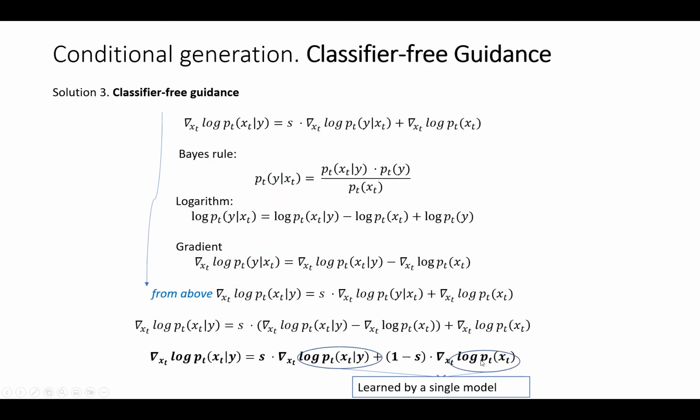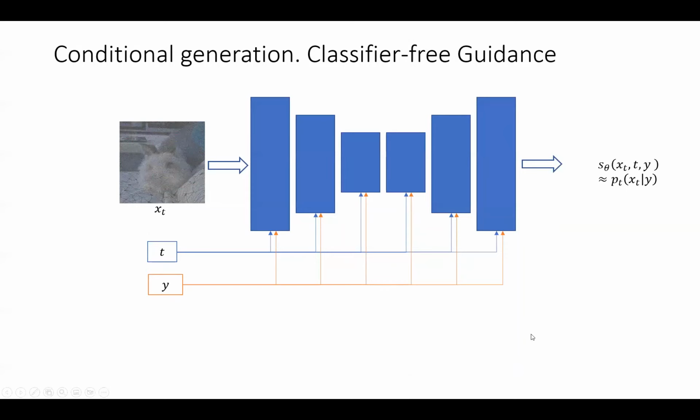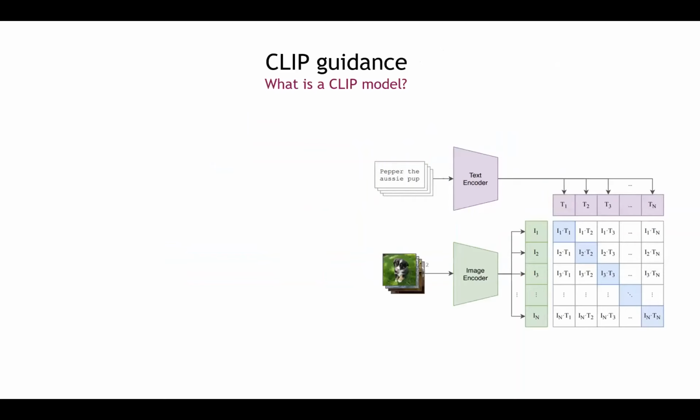This one is unconditional, so there's no condition. So we'll put y as all zeros, making it null, and sometimes we will use y as null, and at other times we will use whatever y we have, because as you know, this one is s, the other is 1 minus s, so they are balanced. Therefore we can just train one network, which is classifier-free guidance, so it doesn't need a separate classifier, and it actually works, which is really nice. So that is your condition thing.